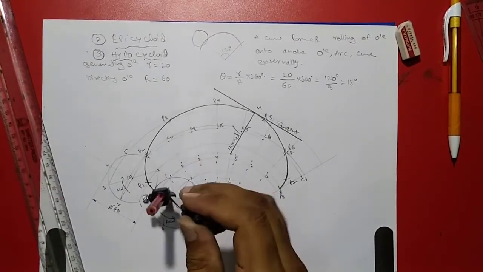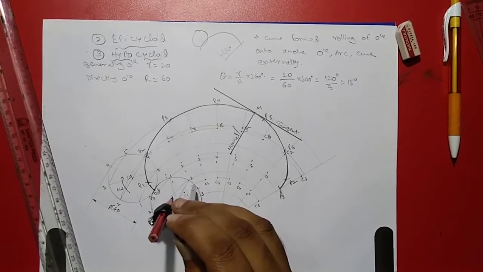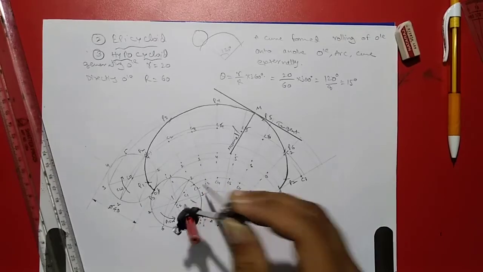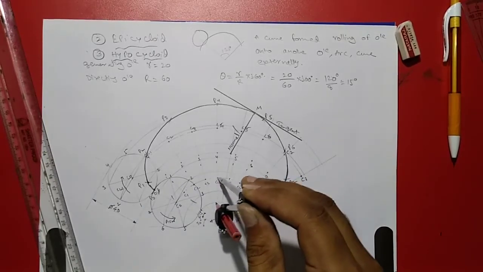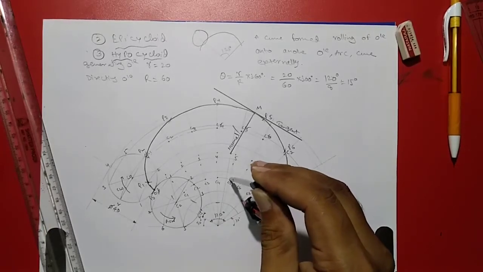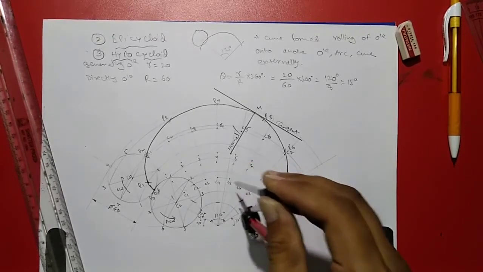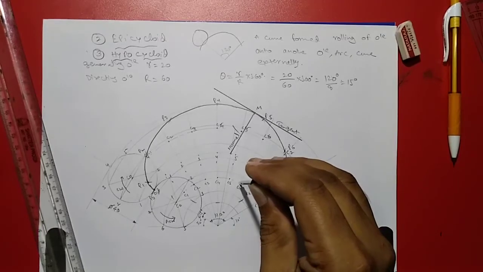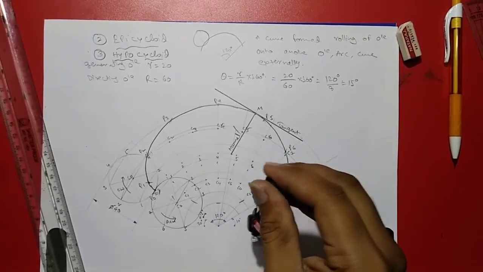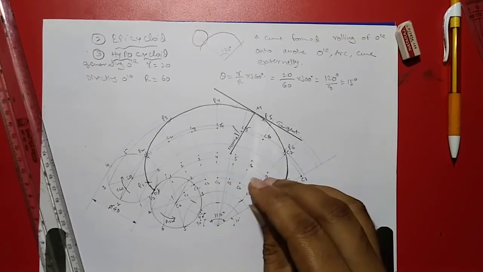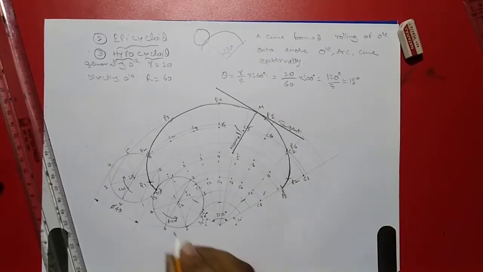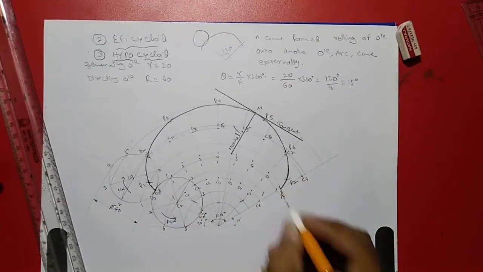From 2 I have to draw the point on 2, 3 to the 3, 4 to the 4, 5 to the 5, 6 to the 6, 7 to the 7 and 8 to the 8. So we got points like this.